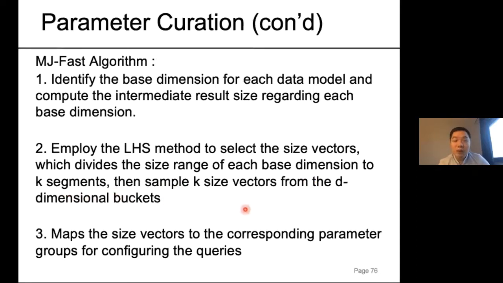And then we sample the k size vectors from the k-dimensional buckets. And finally, we map the size vectors to the corresponding parameter groups for configuring the queries. So this will make our benchmarking process more fair and more robust.